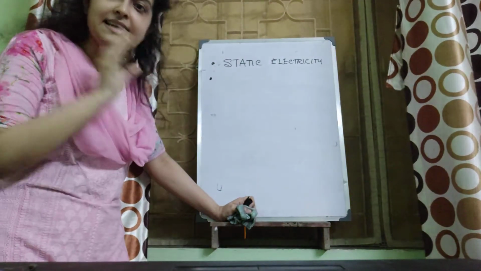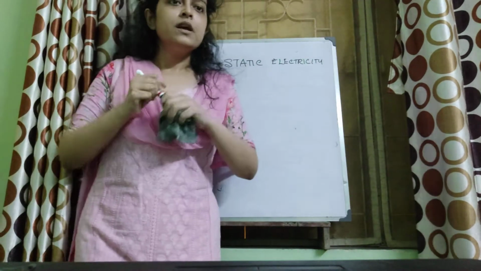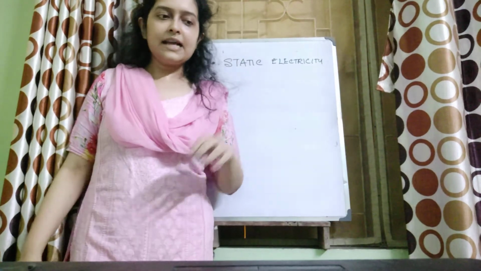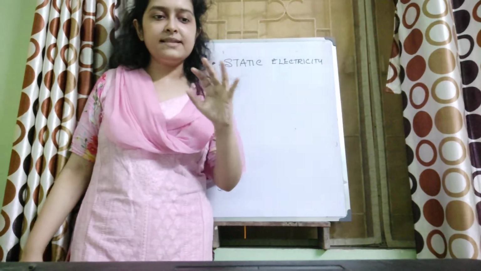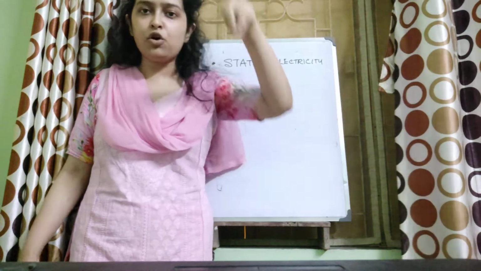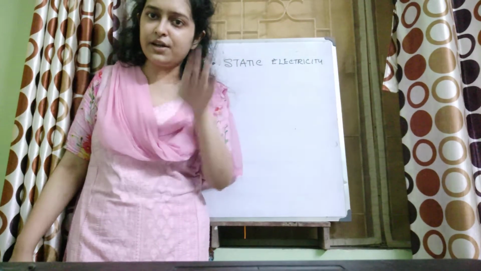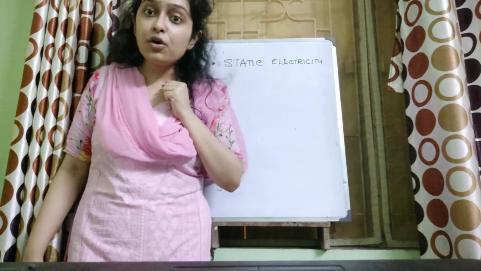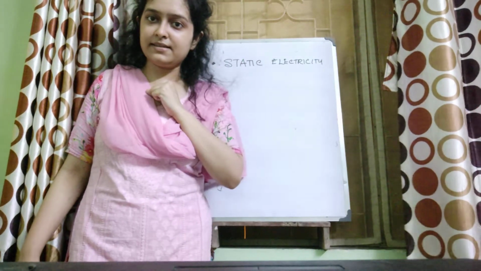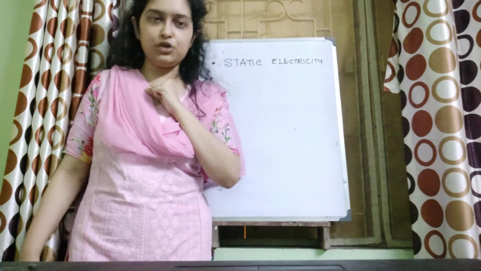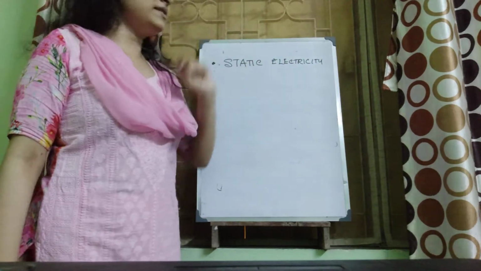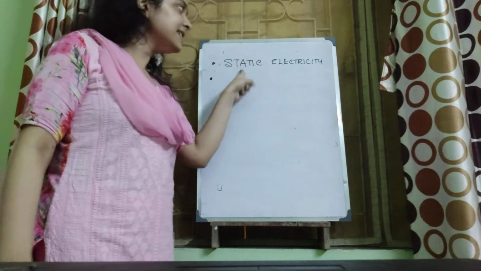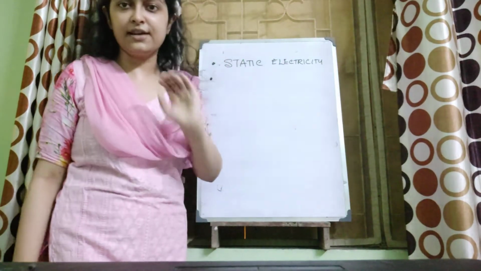Okay, static electricity. That means in the example which I gave you, the charges are there on the comb. It's not moving from one end of the comb to another. They are stationary on the surface of the comb. So that type of charges, they constitute static electricity due to the static charges or stationary charges.